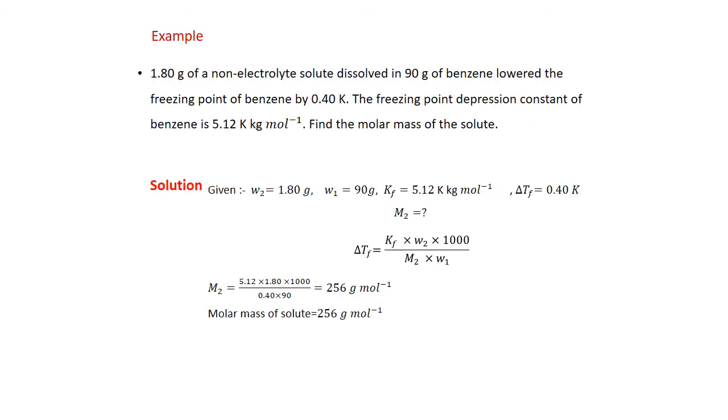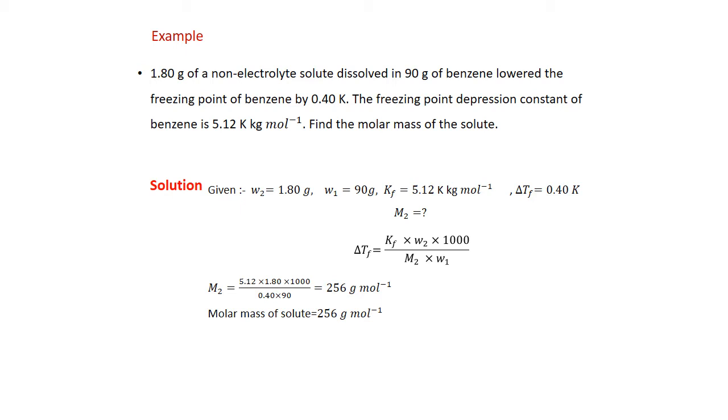One more example based on the depression in freezing point. 1.80 gram of non-electrolyte solute is dissolved in 90 gram of benzene, lowering the freezing point by 0.40 Kelvin. The freezing point depression constant Kf is equal to 5.12. Find the molecular mass of solute.